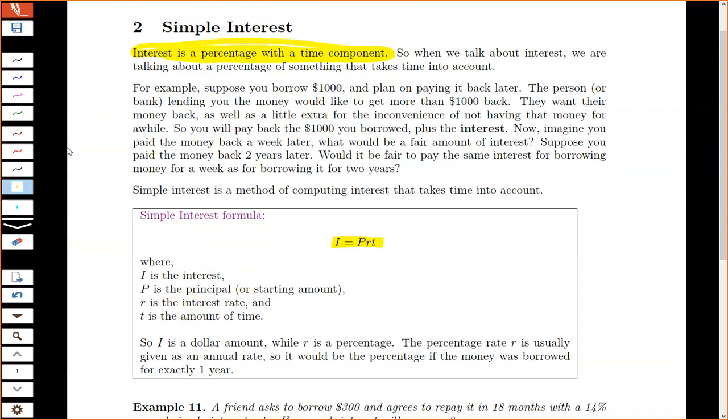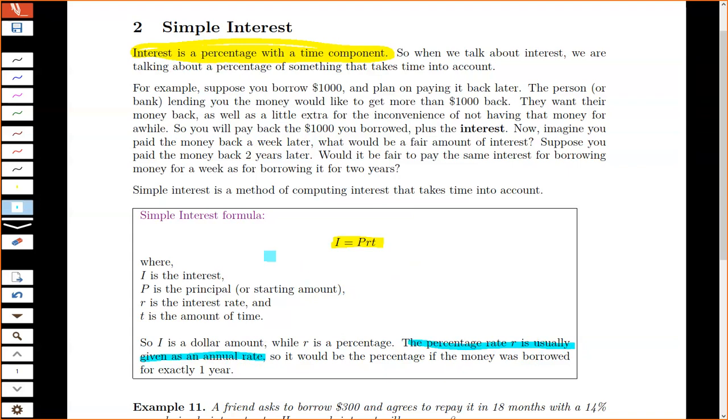Now, one thing I want to note with interest rates is that they're typically given as an annual rate. So that's something to keep in mind. The percentage rate R is generally given as an annual rate. So when we say something like 5% interest, that means if you were to borrow for exactly 1 year, we would just charge 5%.